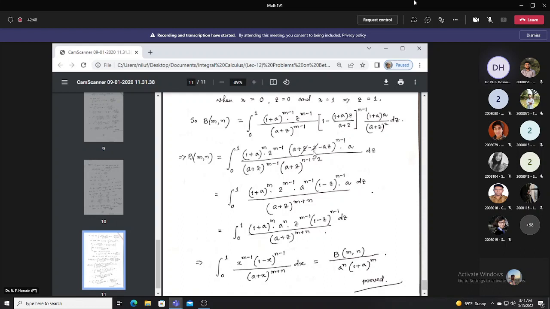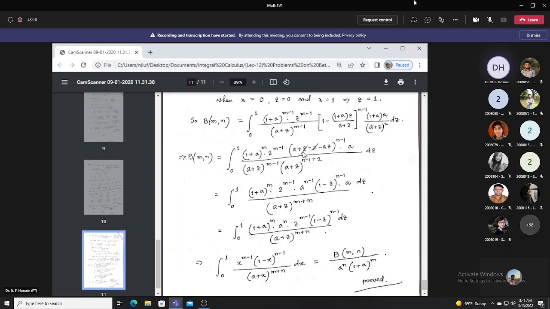So z will cancel out: a minus az whole to the power n minus 1, and there is a here. And in the lower side, all the factors are a plus z, so the power should be m minus 1 plus n minus 1 plus 2. Ultimately minus 1 plus 2 will cancel out. It will be m plus n.